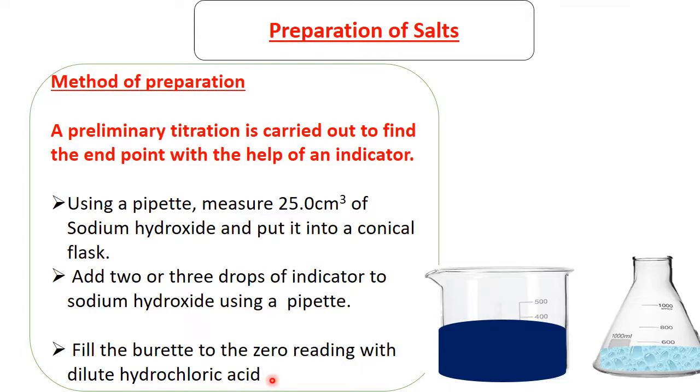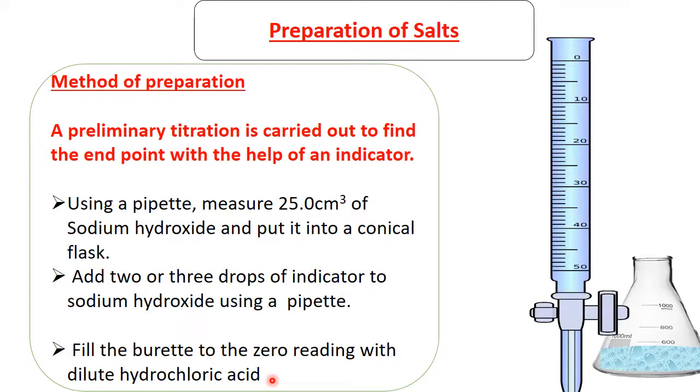What's a burette? Of course, the burette is this. This is another apparatus, used for the acid. The way the burette is, it's open here and it is also open here. Then here it has a knob which you can lock so that no liquid goes down, and you can open so that the liquid comes out here. So what you do is you lock it.